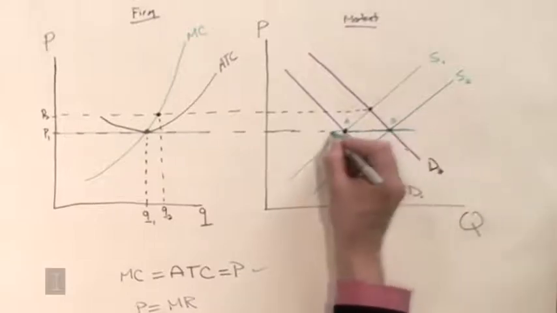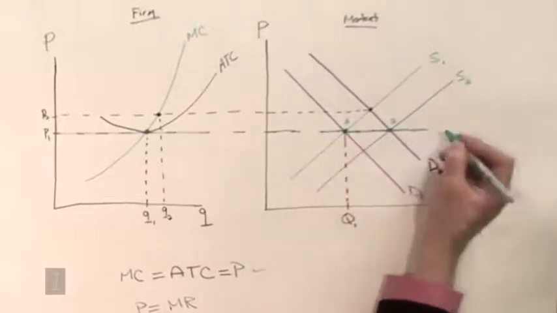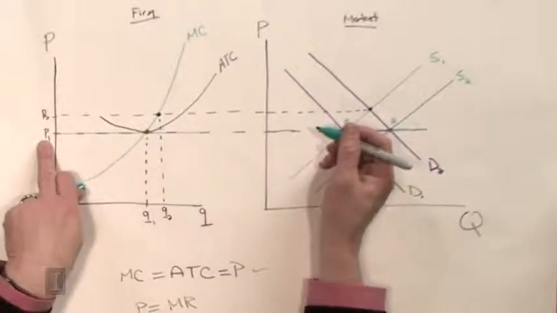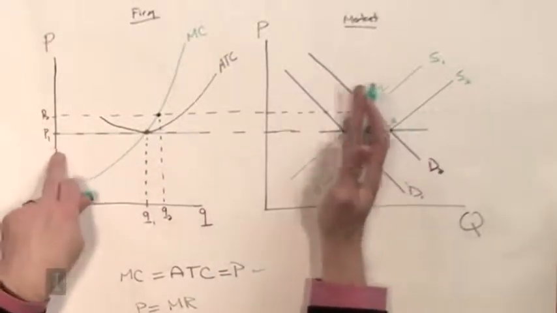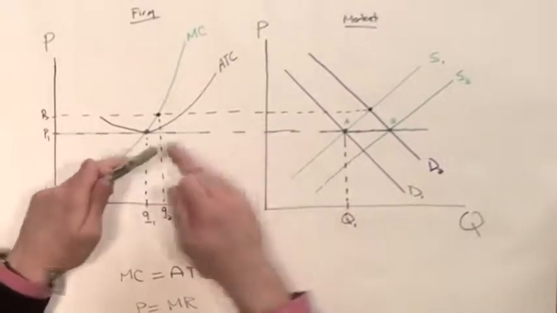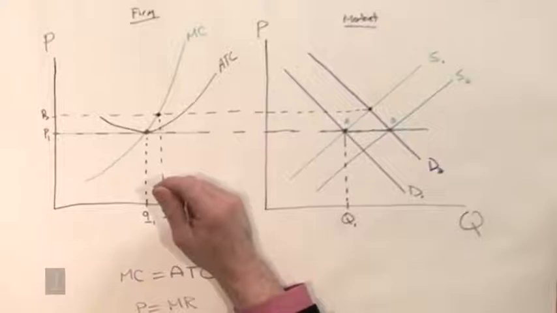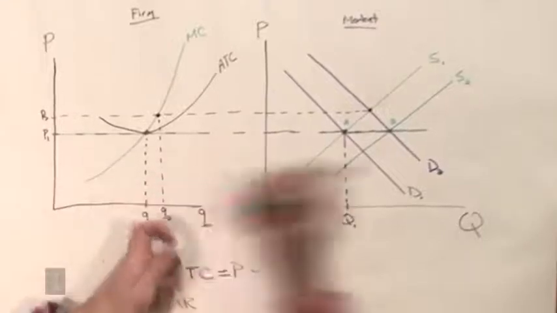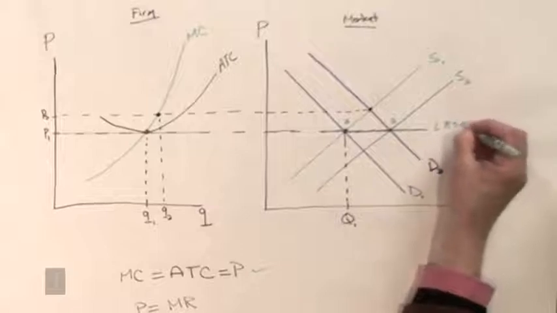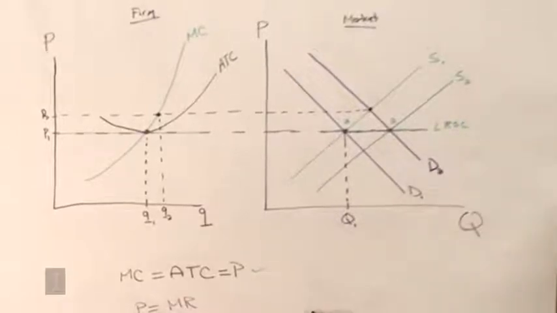And you see that in the long run, this good, whatever it is, is always going to have the same price, P1. When the profits are eliminated, which is a competitive equilibrium, the price always goes back to the lowest point of the average total cost curve. So this is called a long-run supply curve. It's a straight line, meaning that in the long run, the price is the same.